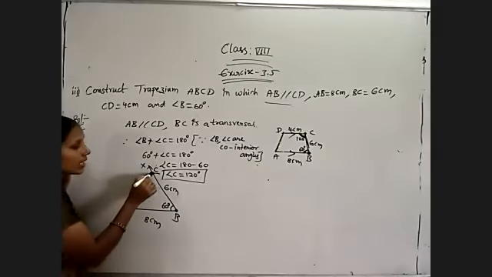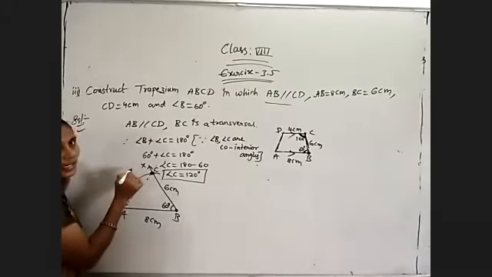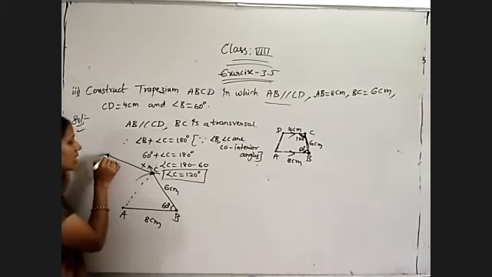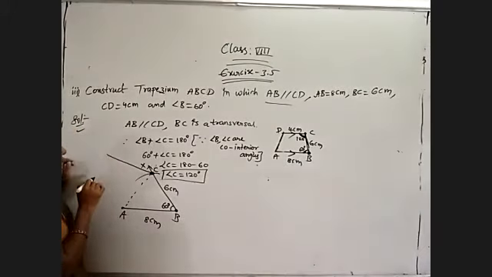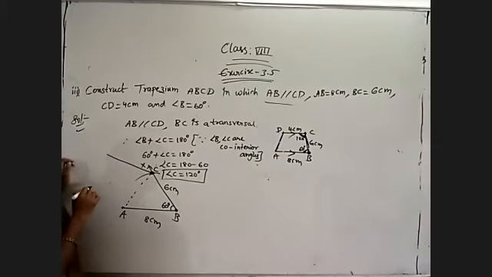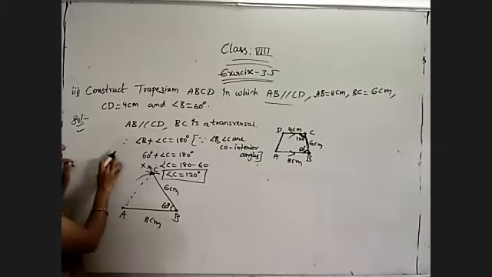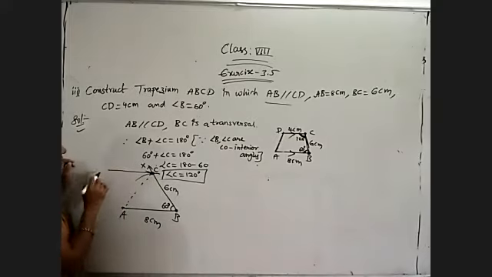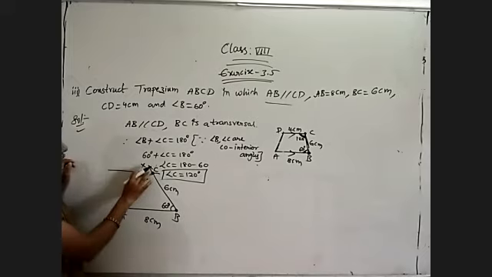Now at C, set your protractor, construct 120 degrees. 120 degrees is an obtuse angle. While you are using the instruments, you will get the correct quadrilateral.